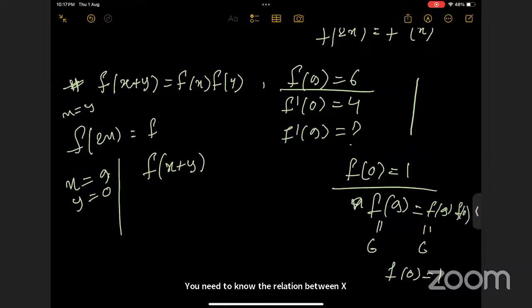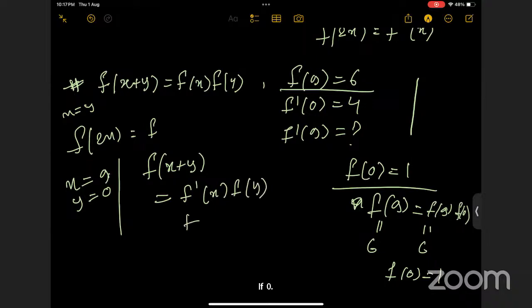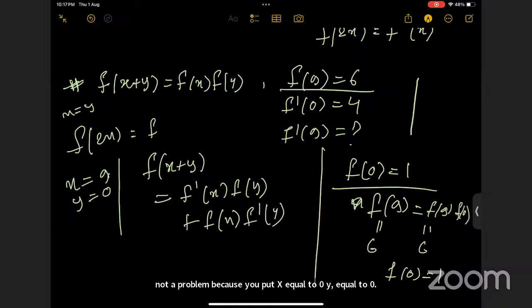That is where you get the complication, because the question is asking about f dash of 9. f of 0 is not a problem because you put x equal to 0, y equal to 0, and the other side becomes f of 0, f of 0.